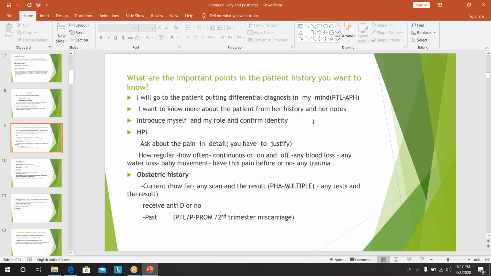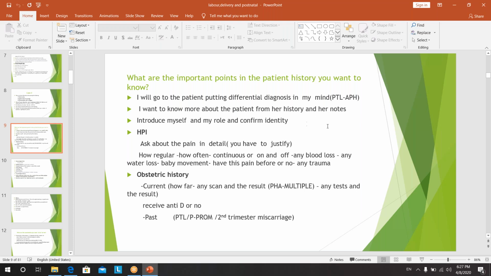So from the start, you show the examiner that you need access to the patient notes to know more about her, like the scan she did before, the early scan, and the results of her investigations, like the anti-RBC antibodies, the kidney function, the liver function.